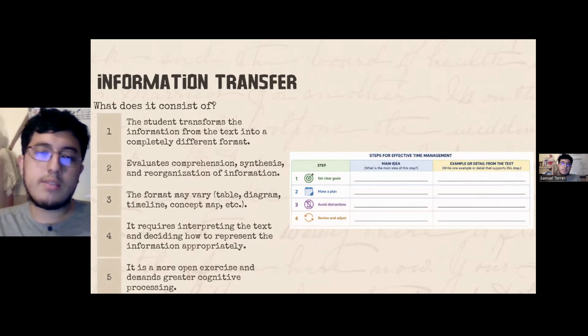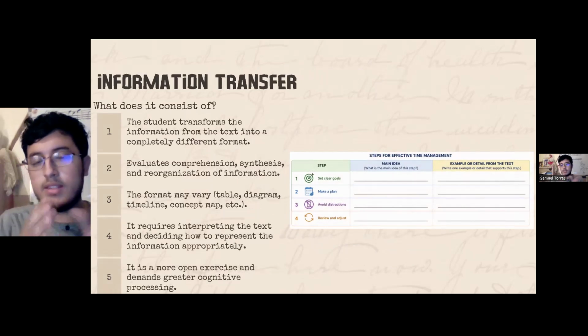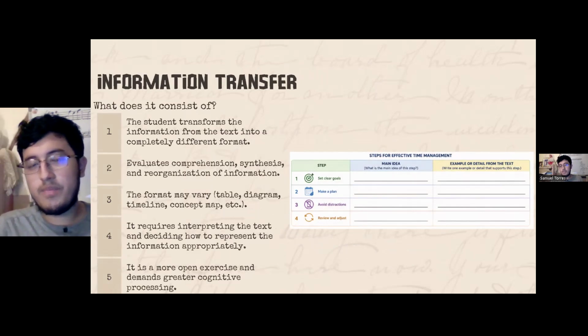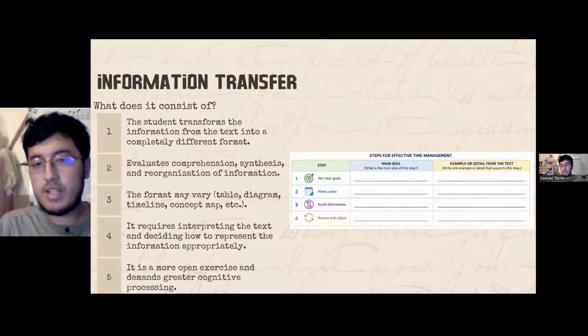As this exercise is very open, the student needs steps like these: set goals, make a plan with a main idea, with examples. So a student could be supported by these steps.